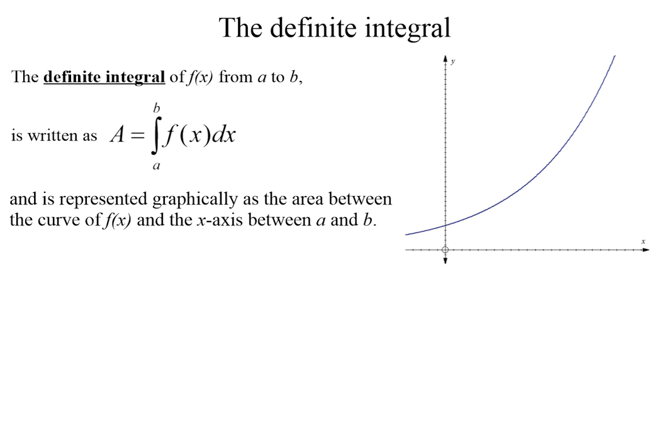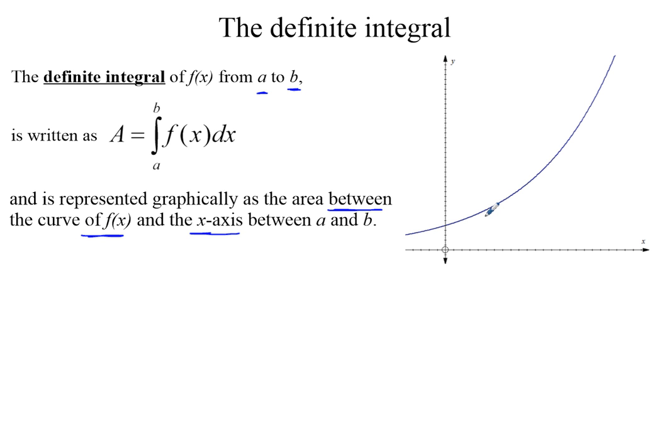The definite integral of a function f of x from x equals a to x equals b is written as area equals the integral from a to b of f of x with respect to x, and is represented graphically as the area between the curve of f of x and the x-axis between a and b.